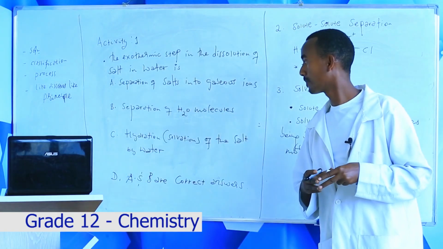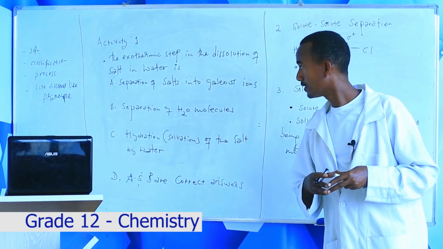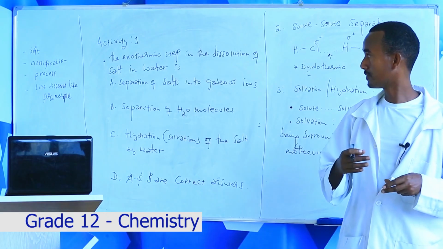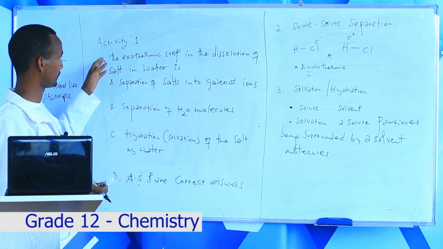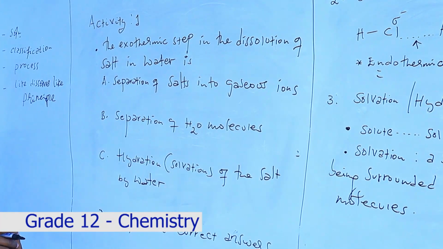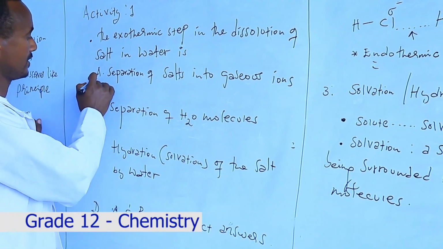Students, I think, or I'm sure, you had no trouble with this activity, but please do the activity together. The exothermic step in the dissolution of salt in water is the first alternative.